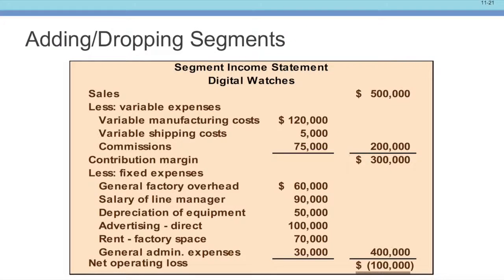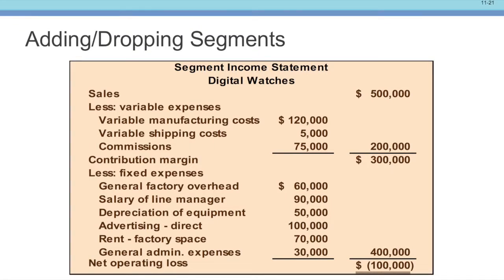If we run some numbers, we see here that the segment income, this is for just digital watches, had sales of $500,000. It had variable manufacturing and shipping costs and commissions of $200,000, so its contribution margin was $300,000. Then we subtract all the fixed expenses. Now this is all the fixed expenses, and so we see fixed expenses of $400,000, which gives us a $100,000 loss.